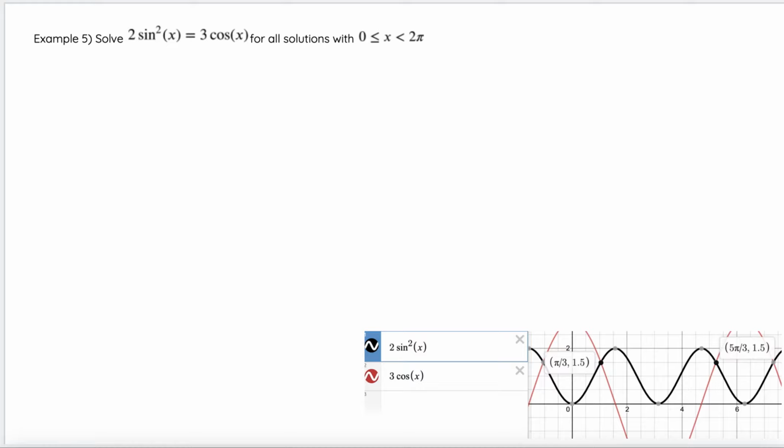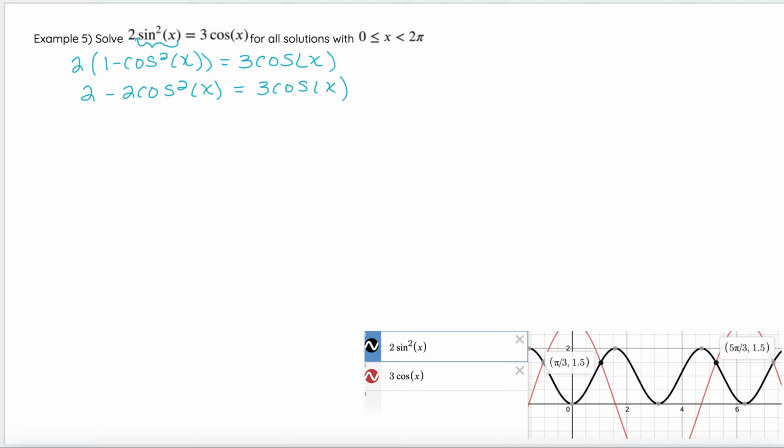Using again that Pythagorean identity, I'm going to replace 2 times sine squared with 2 times 1 minus cosine squared, equal to 3 times cosine of x. I now have 2 minus 2 times cosine squared of x equal to 3 times cosine of x.